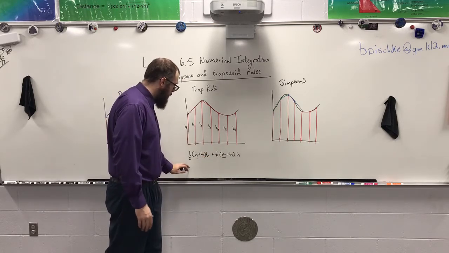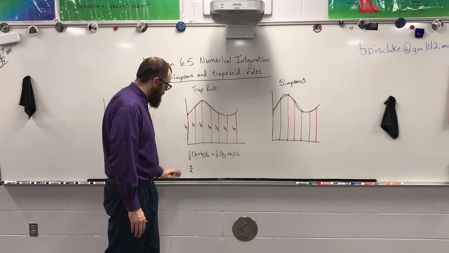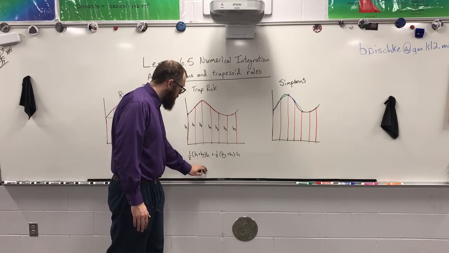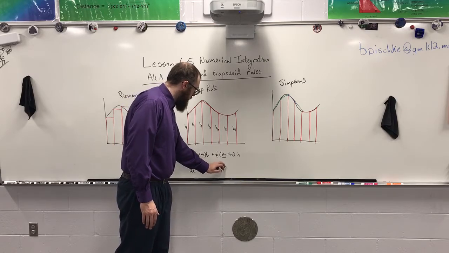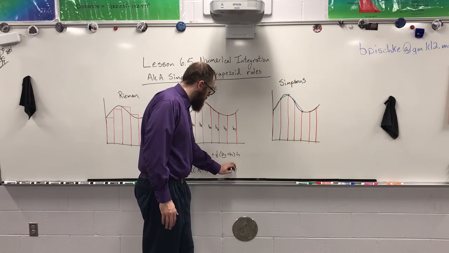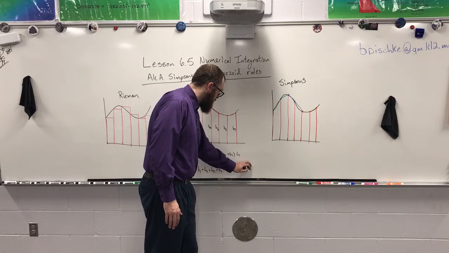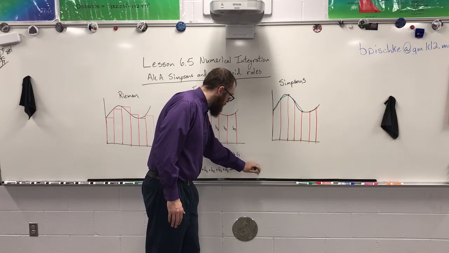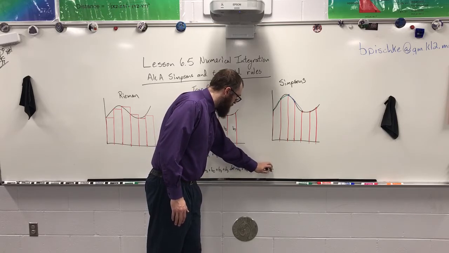So now I have 1/2 h, which we're going to say is h over 2, times base 1 plus base 2 plus base 2 plus base 3 plus base 3 plus base 4 plus base 4 plus base 5 plus base 5 plus base 6 plus base 6 plus base 7.